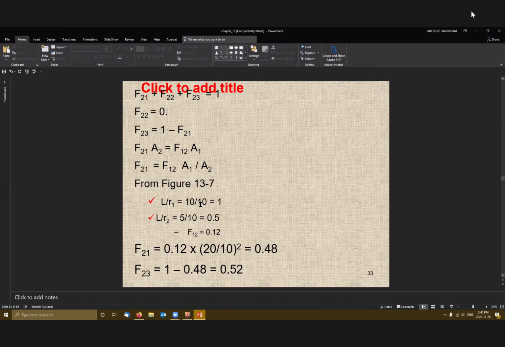Then R1 is the same? No, R1 is 20. I mean, this R is 10. R1 is 20, I didn't notice. 10 for R2 and 20 for R1. Anyway, please again follow and check it because I have to go back and look at the textbook again.